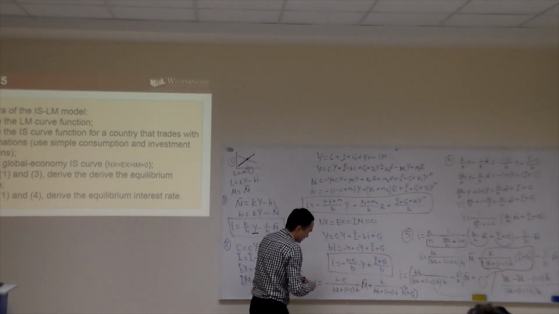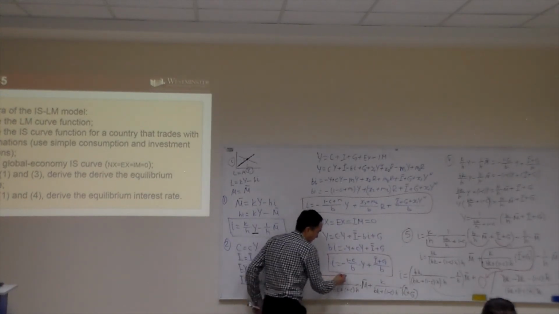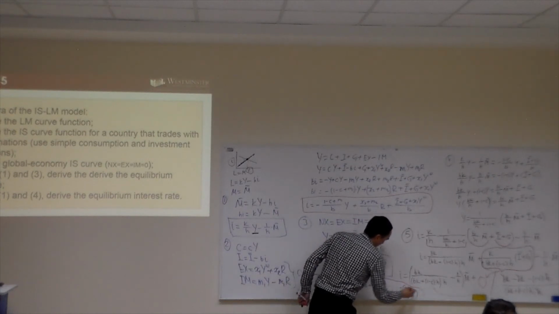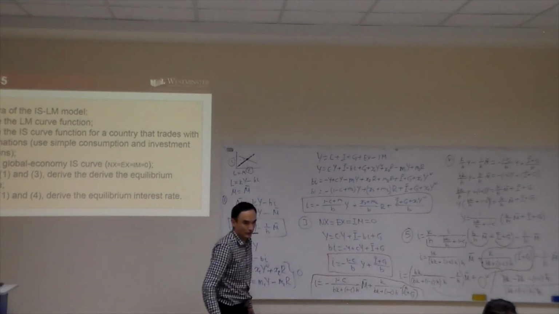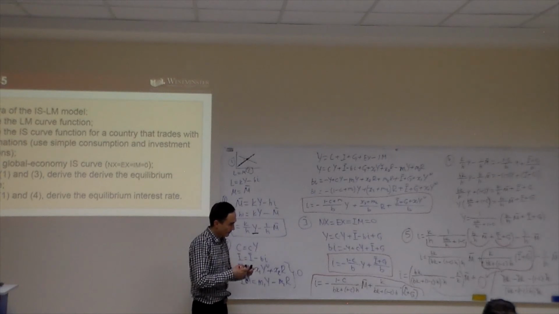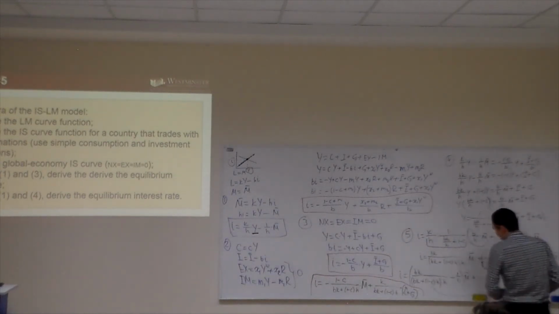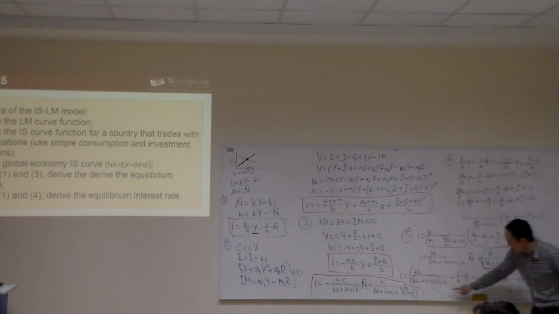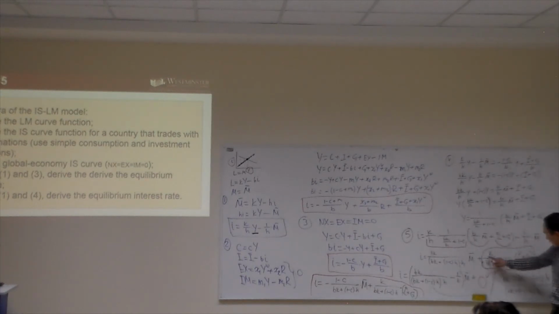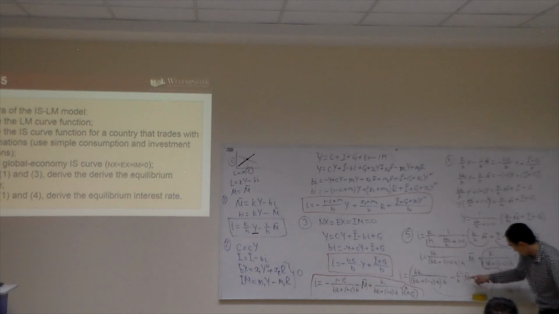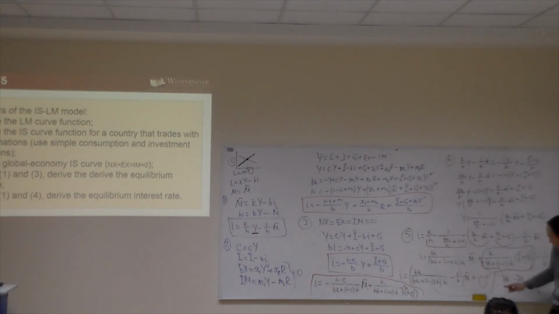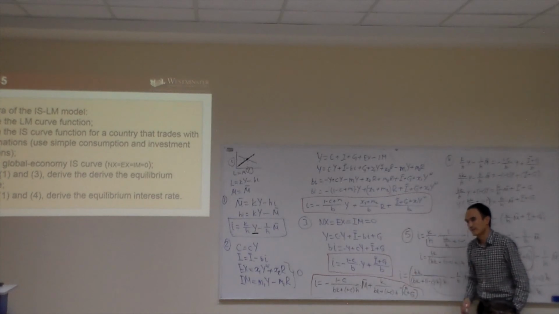So this is the interest rate at the equilibrium point. So again, here I solved it, and it's all of this plus this one, what is derived plus this one, and now we got this one, all right?